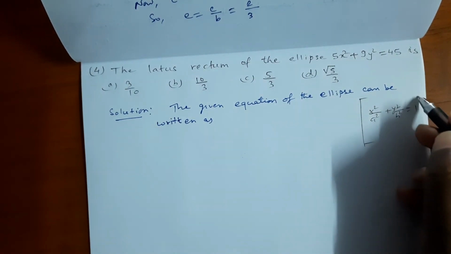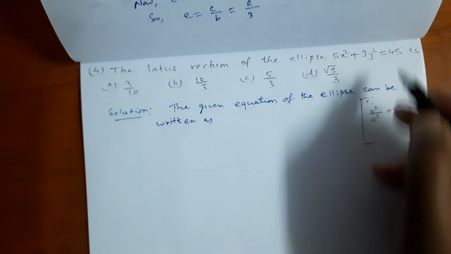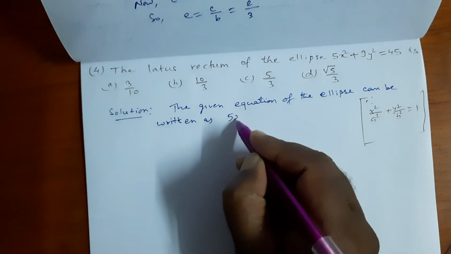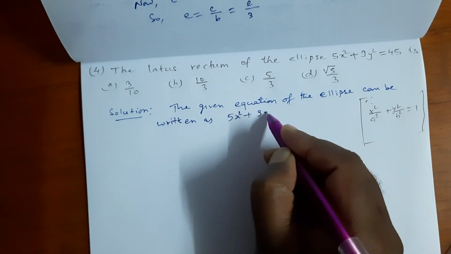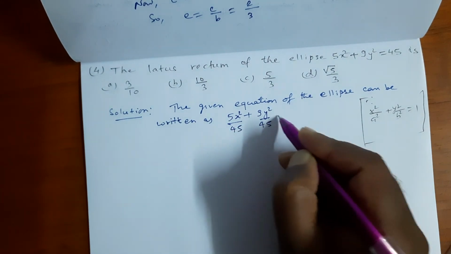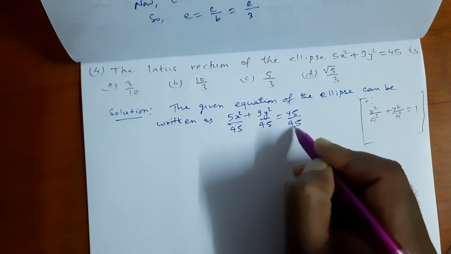So to change this form we should divide by 45 to get 1 on the right side: 5x square plus 9y square over 45, and on the right side 45 divided by 45.